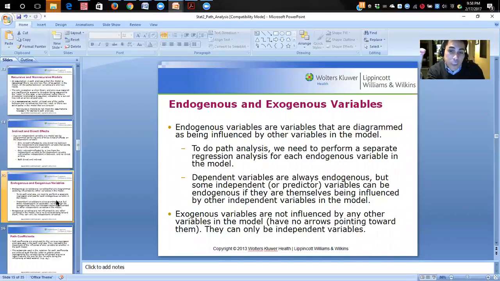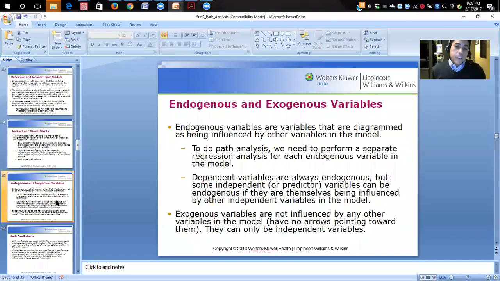So what about exogenous variables? These are variables that are not influenced by any other variables in the model, and they have no arrows pointing toward them.